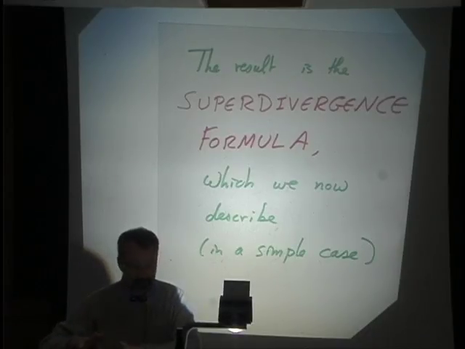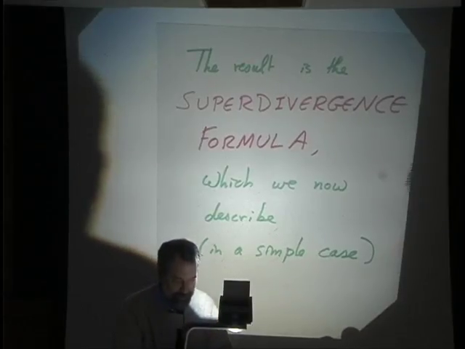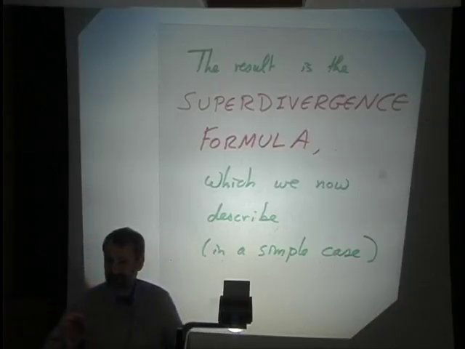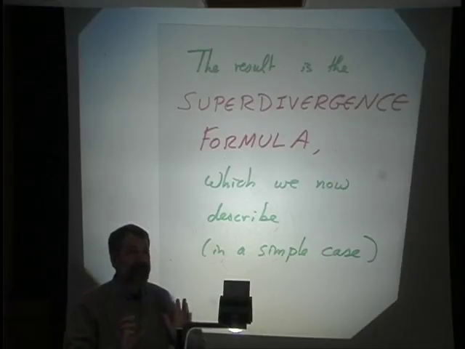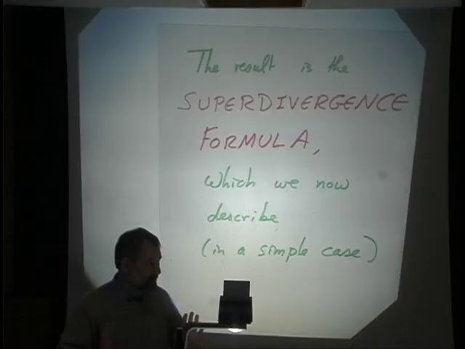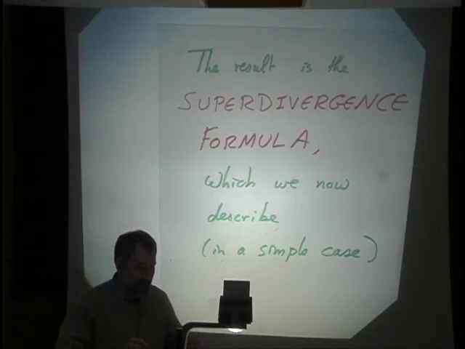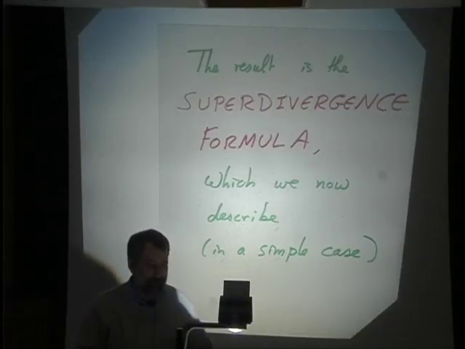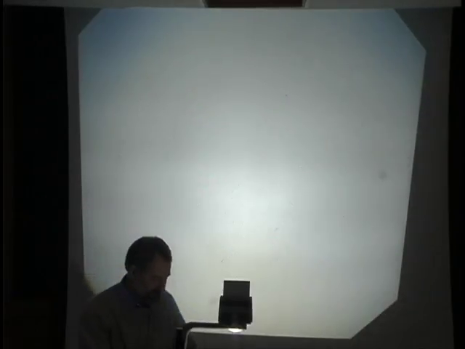Before I say more about this formula itself, let me remind you, we had a lot of slides ago the useless divergence formula. Anything that integrates to 0 is the divergence of something, but that was useless by itself because the thing of which I was a divergence did not closely reflect the structure of I. Now what's going to happen in the superdivergence formula is that, let me describe it in one very simple case and you'll see.